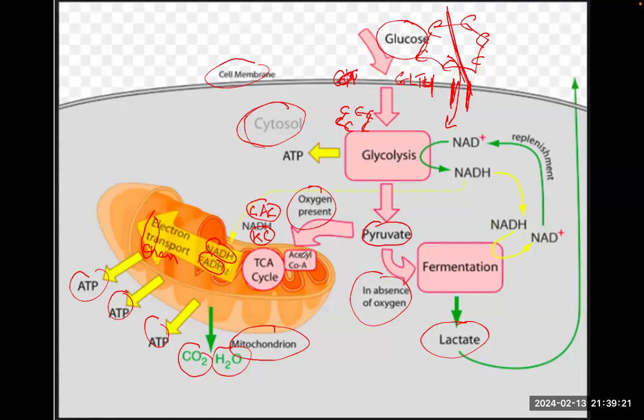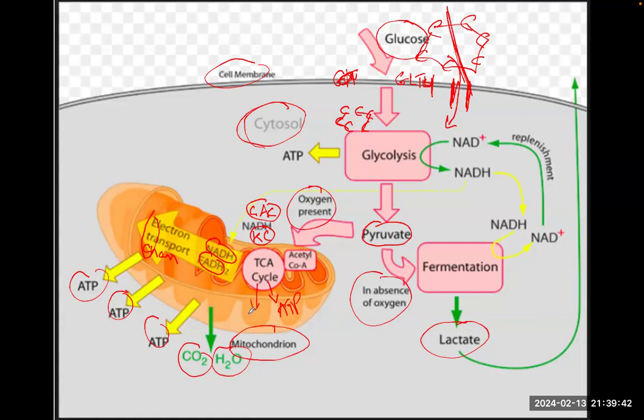It makes some other conversions. We see acetyl-CoA is the next thing that it converts itself into, and that can enter into the Krebs cycle. And that's responsible for making some ATP, not a lot, but it makes some ATP.